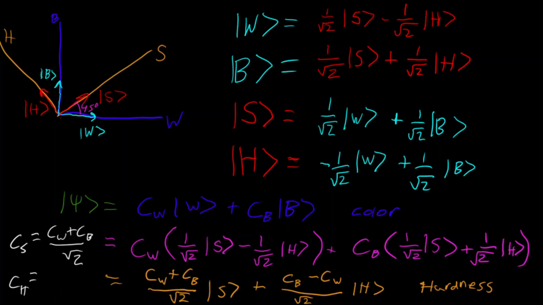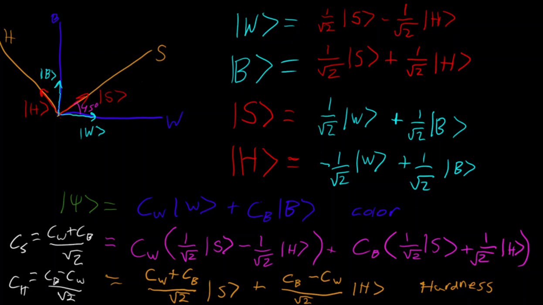Remember, these are the probability amplitudes; we take the norm squared and we get our probability. What we've done here is we started with psi in the color basis, and then we have written it in the hardness basis.